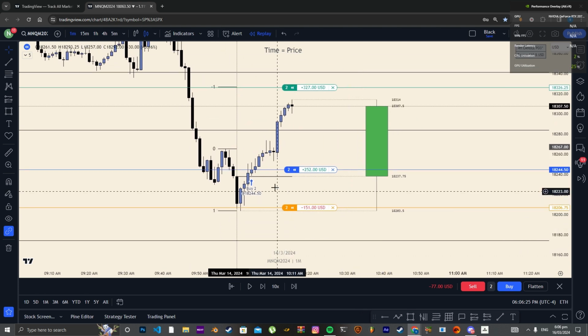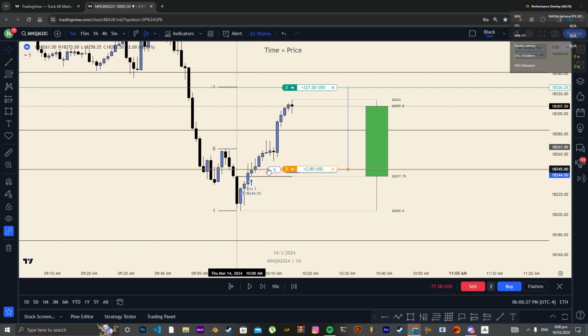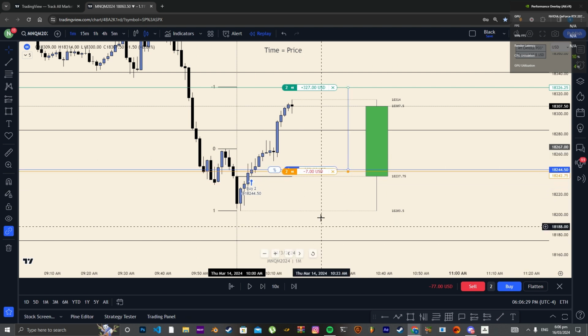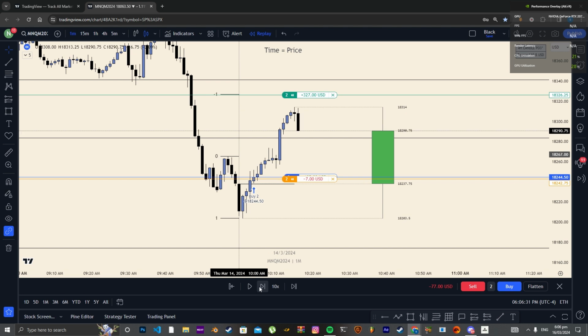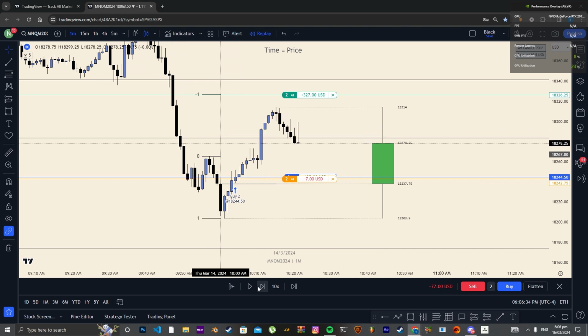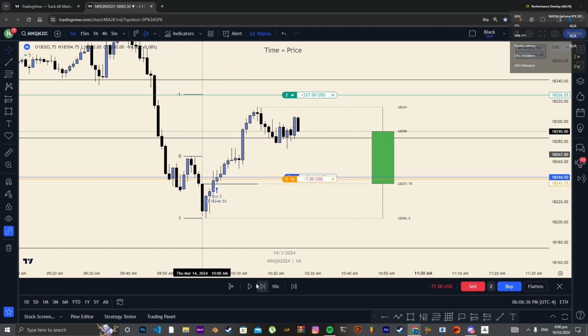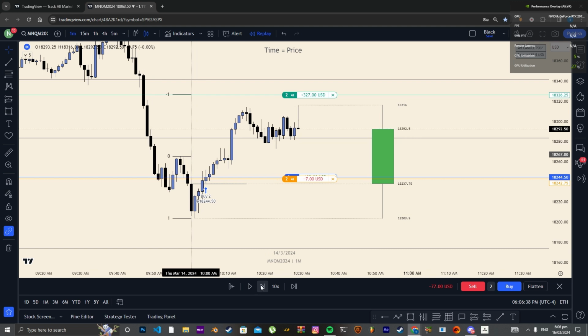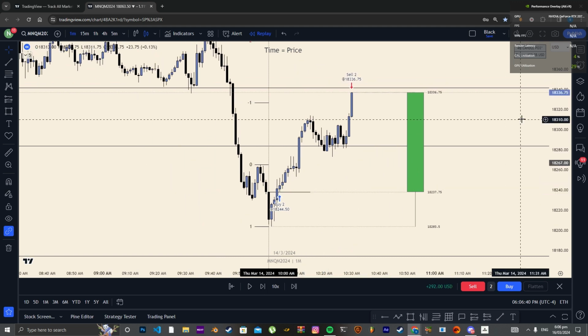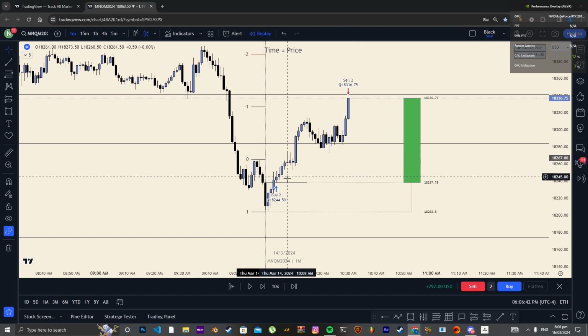Okay, so what I'll do here is, since we've already hit a lot of this internal liquidity, put my stop to break even, and let's see if we hit our target. And there we go. That is how it's done.